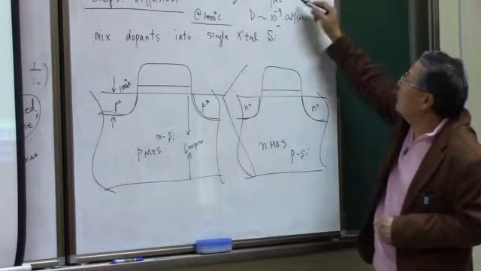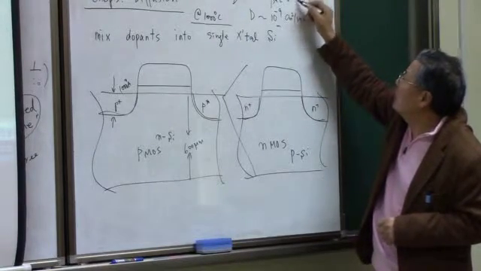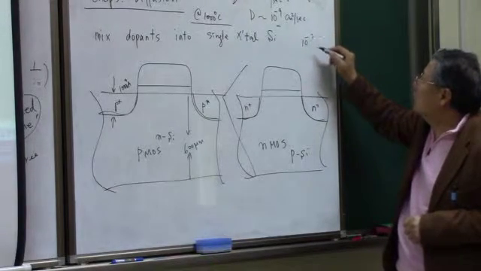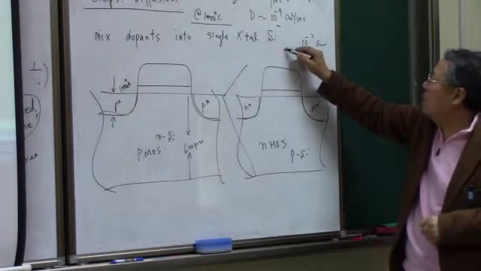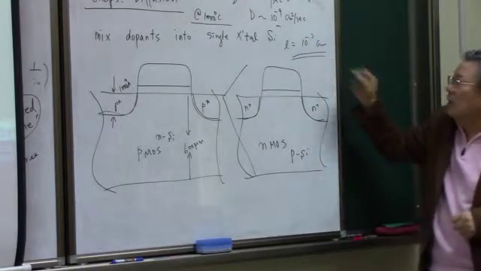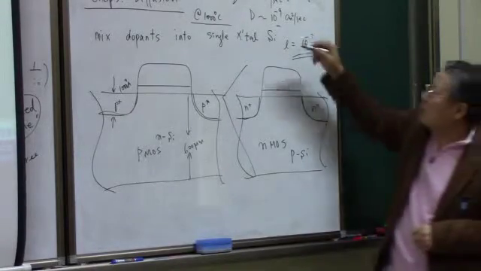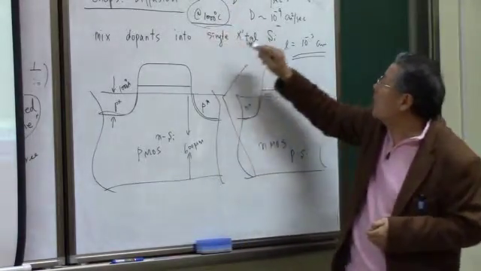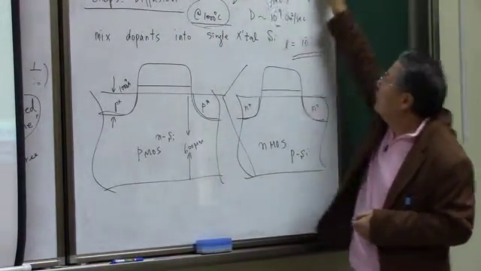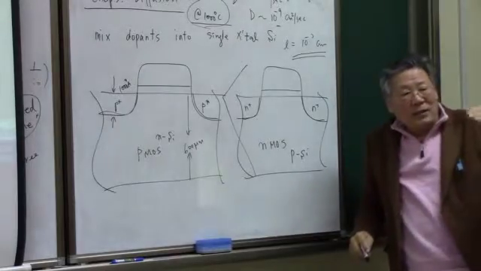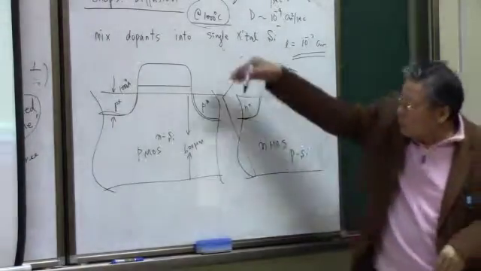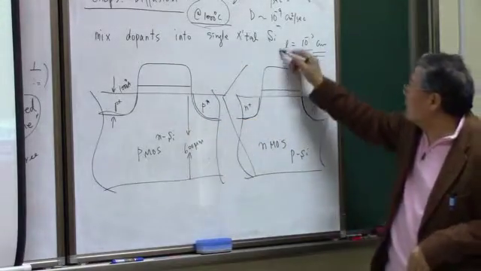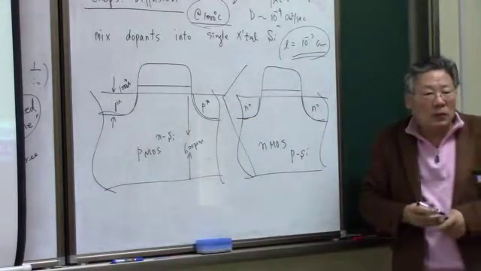And then the square root of that is the length, so it's 10 to the minus 3 centimeters as a diffusion length. Which means if you make a diffusion at 1,000 degrees centigrade for an hour, the length that the dopants can travel along the depth, the diffusion length, is 10 to the minus 3 centimeters.